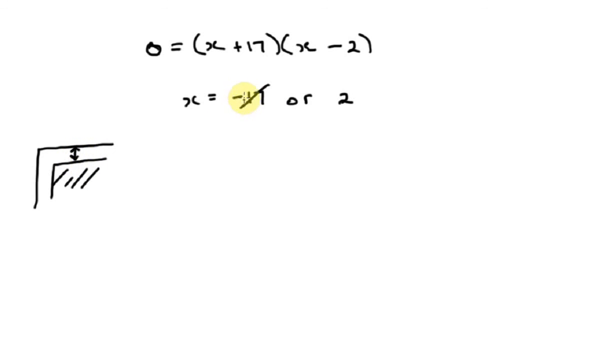So I'm going to throw this out as, given the context of this problem, it's just not a reasonable solution. So I think that our frame is 2 centimeters, and that would be correct. And that's the end of this example, and that's where I'm going to stop. We're going to come back with a couple more examples.